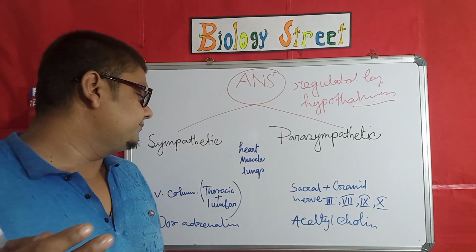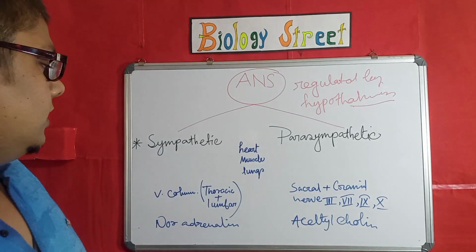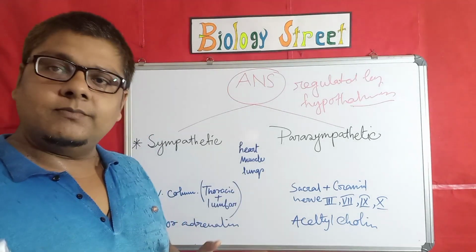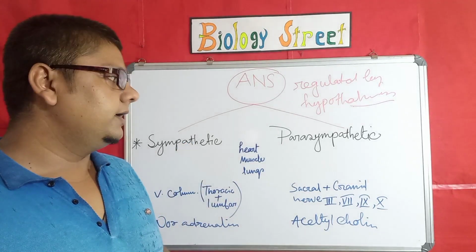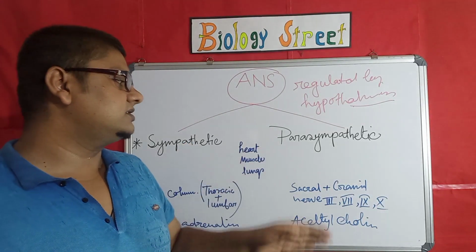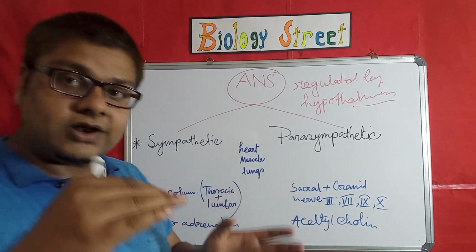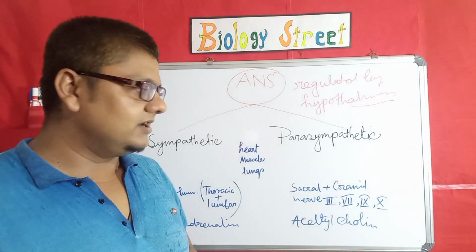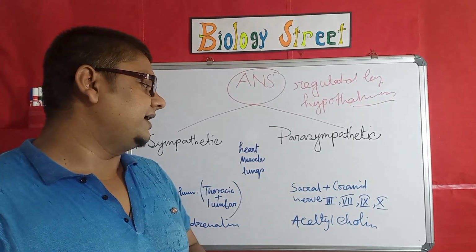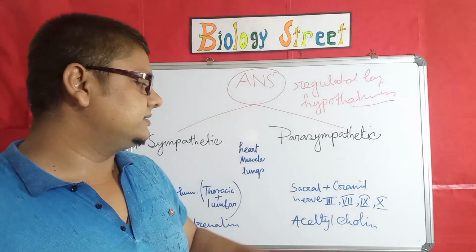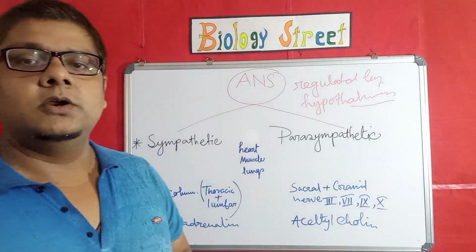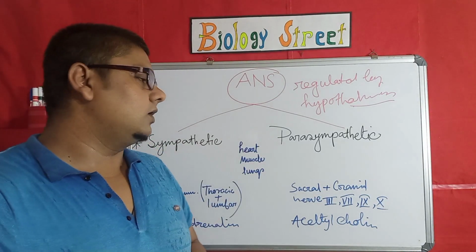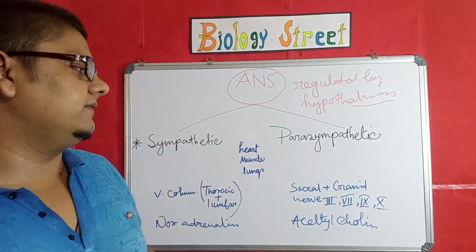Out of this, the thoracic and lumbar region controls the sympathetic nervous system. Okay, and the parasympathetic nervous system arises from the sacral region, and also the cranial nerves number 3, number 7, number 9 and number 10. These 4 cranial nerves also regulate or control the parasympathetic nervous system.